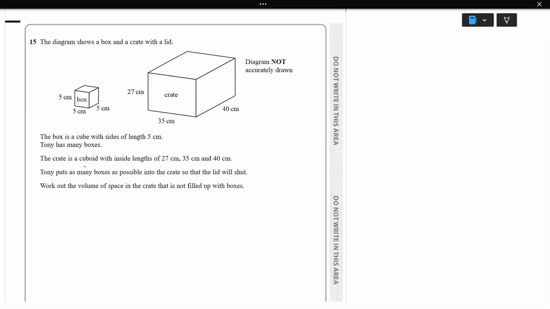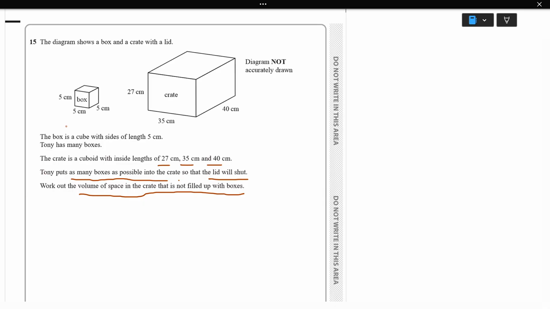The crate is a cuboid, with the inside dimensions given as 27 and others. Tony puts as many boxes as possible into the crate so that the lid will shut. Work out the volume of the space in the crate that is not filled, the empty space volume.